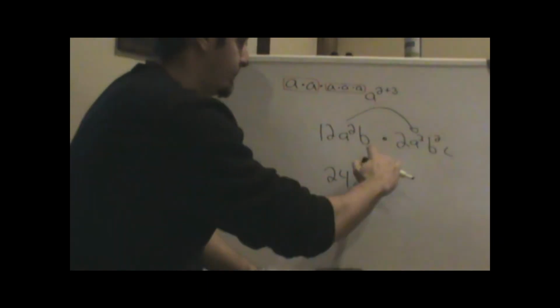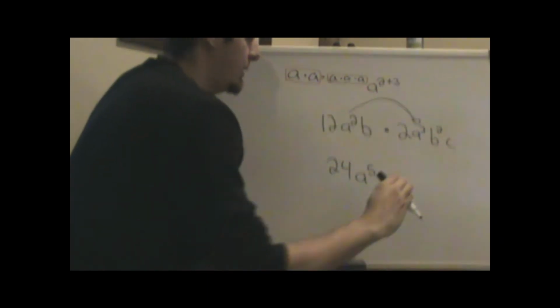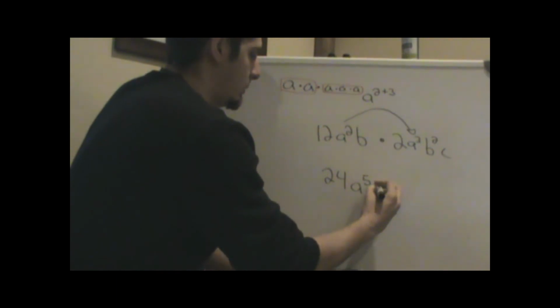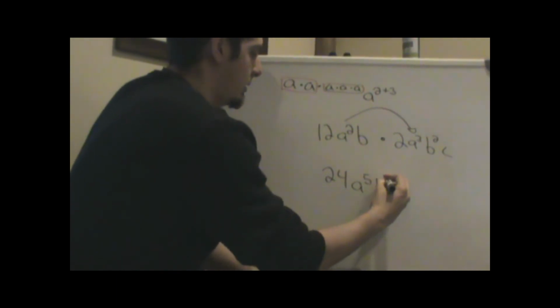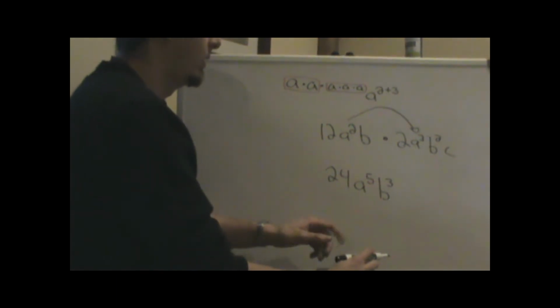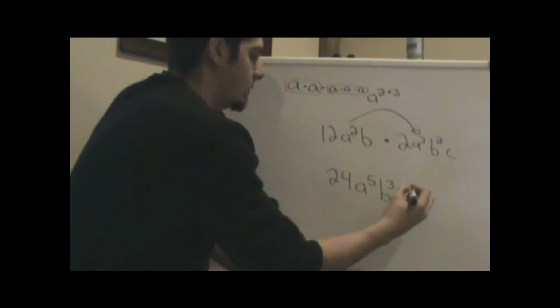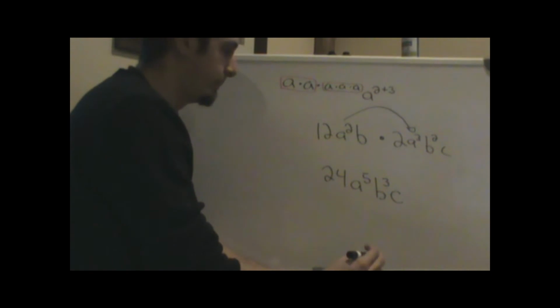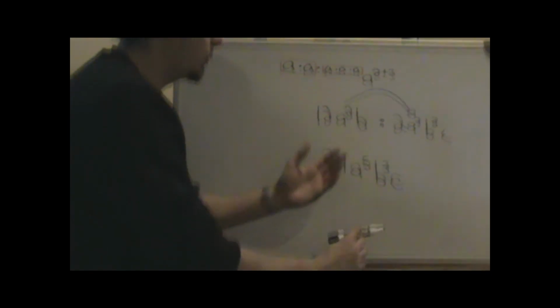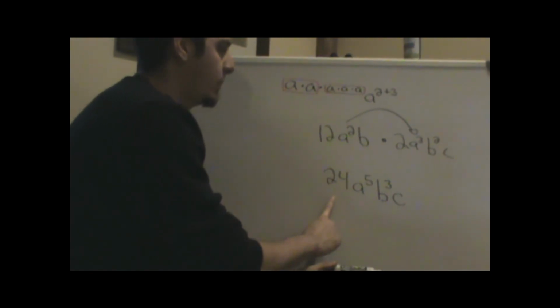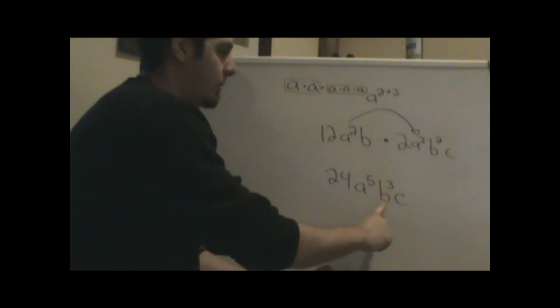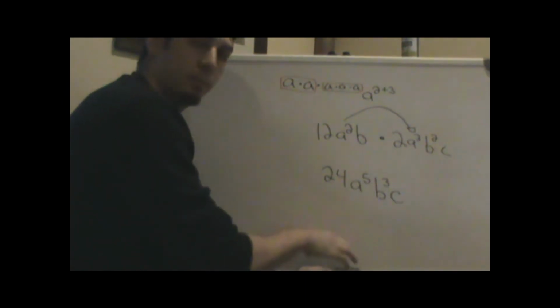So the next step, b times b squared, which is b to the third. Nothing to multiply the c by, so it stays the same. So the answer to this question is 24 a to the fifth b to the third c.